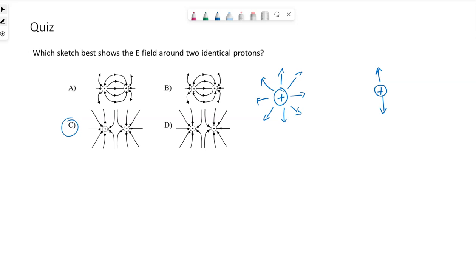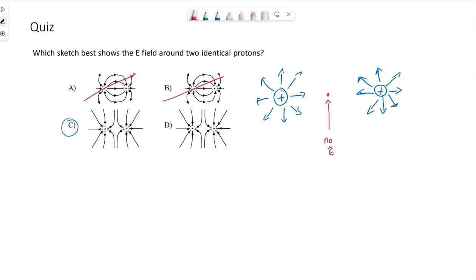That means in the exact center between them, at a point exactly in the middle, there has to be no electric field at that point. They're going to create the same magnitude of electric field, but they will be in opposite directions. Thus, they will cancel.